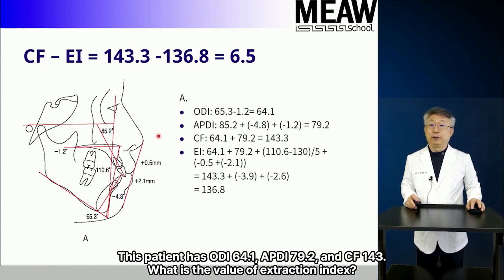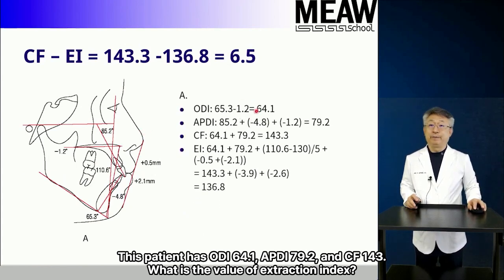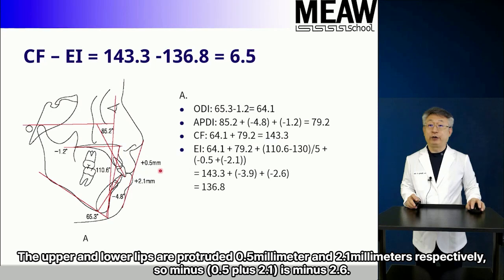This patient has ODI 64.1, APDI 79.2, and CF 143. What is the value of extraction index? The upper and lower lips are protruded 0.5 mm and 2.1 mm respectively, so minus 0.5 plus 2.1 is minus 2.6.